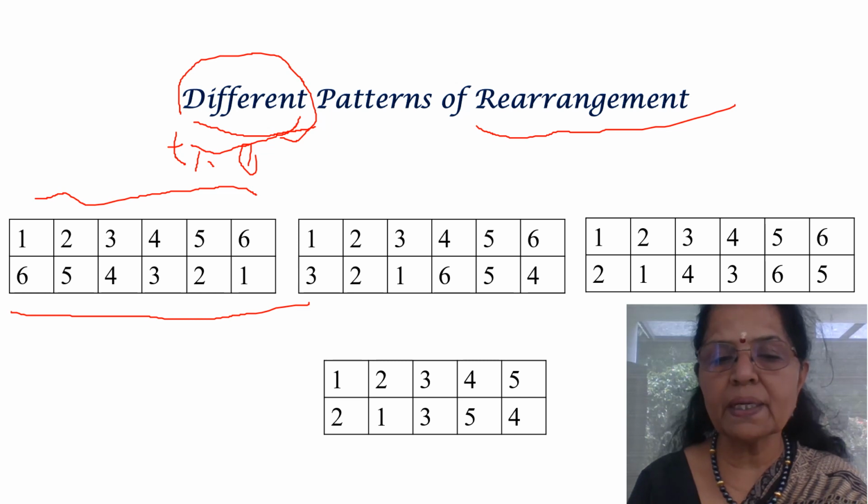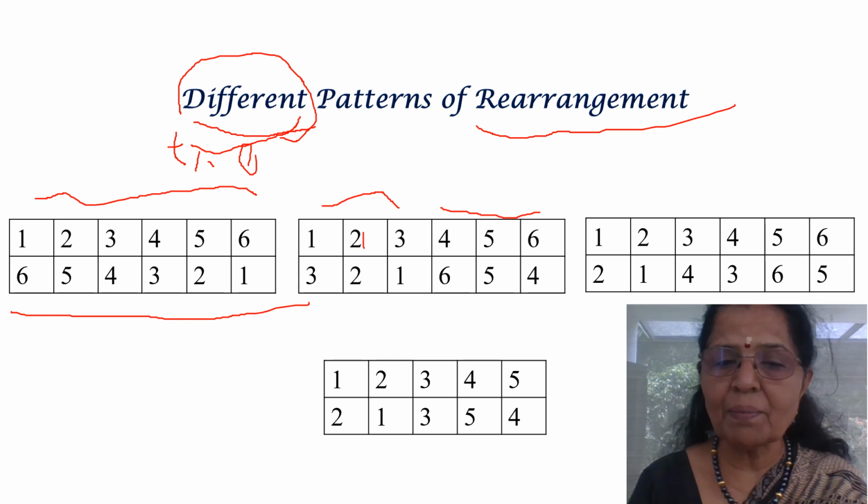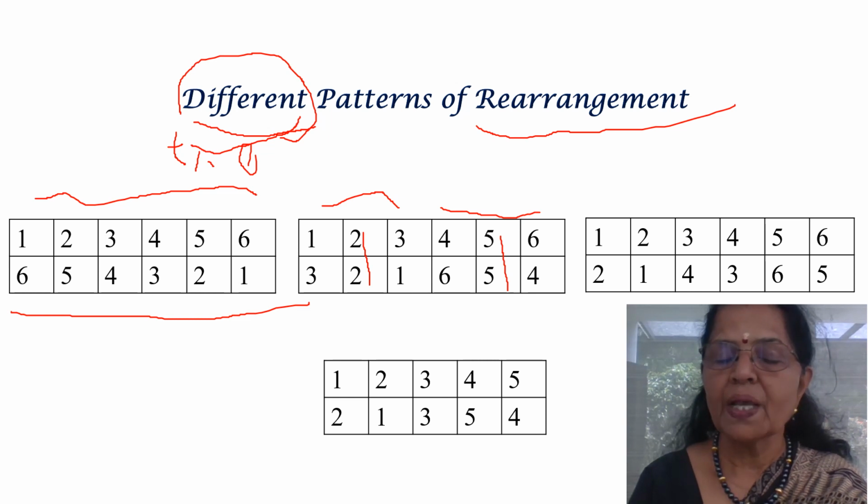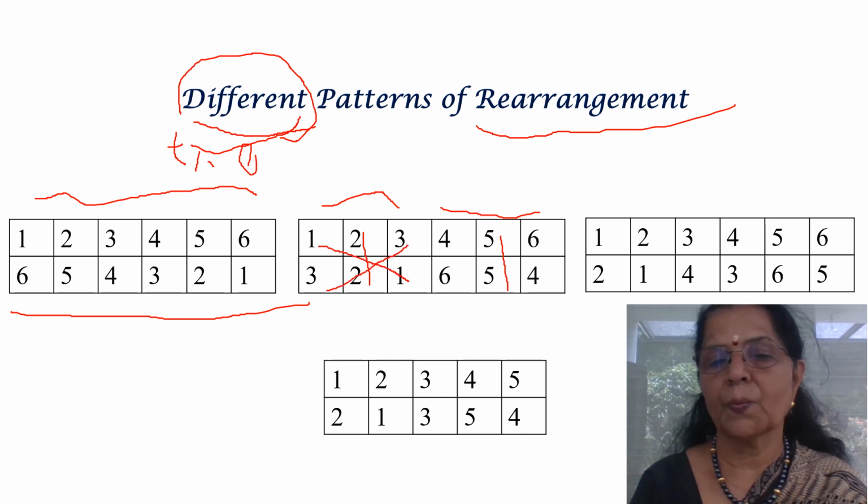That means we are dividing these 6 letters into 3, 3, two triplets. 1, 2, 3, 4, 5, 6. And the middle letter remains the same, 2, 2. And here also the middle letter remains the same, 5, 5. But the first and the third one are interchanged. Third comes here, 1 is here.